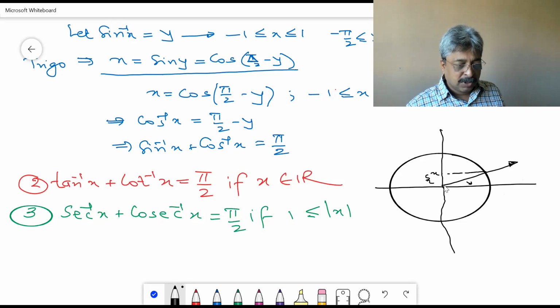So if this distance is x, then we wish to also take cos inverse of x. So cos inverse of x means if this is positive, then you will have this distance equal to x, and the terminal ray will be here.